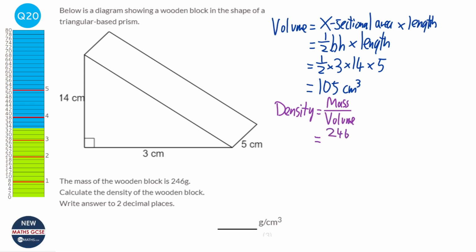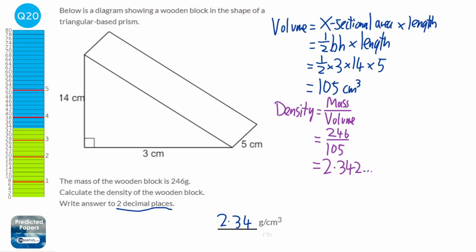The volume we've just worked out is 105. And so you do 246 divided by 105, and you get 2.342 and so on. And then we round that to 2 decimal places, which it says in the question to do, and that would be 2.34 grams per centimeters cubed.